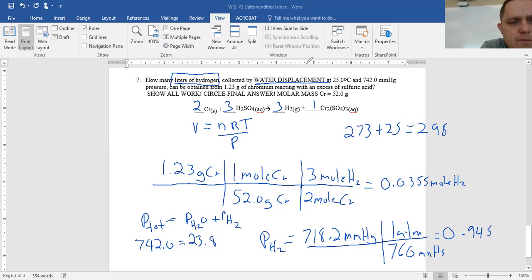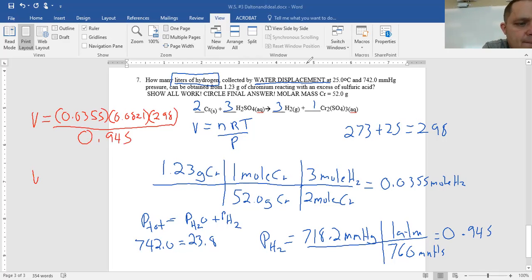We know the number of moles, so V will equal 0.0355 times R, 0.0821, times our temperature, 298, all divided by that pressure of the hydrogen gas, 0.945. When I finally finish my math, my number is 0.919 liters of hydrogen gas.